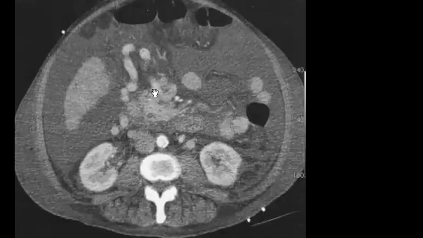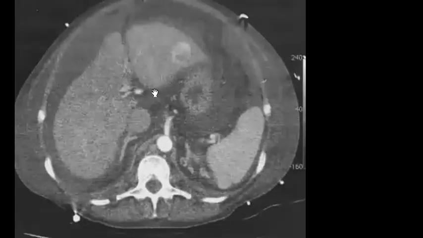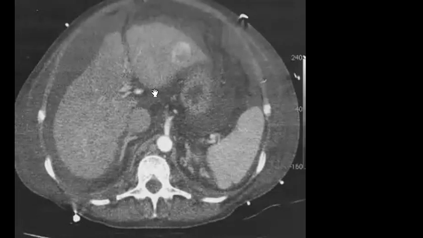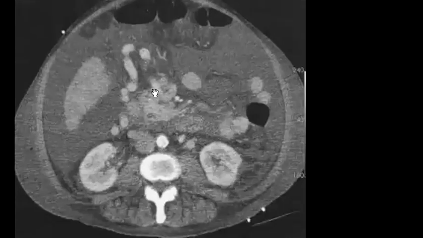It is important to mention the collaterals because after that he will need GI referral and maybe endoscopic sclerotherapy or whatever, and also referral to intervention, either embolization of the HCC if there is no contraindication, and regarding the portal hypertension, TIPS, so referral to the hepatobiliary MDT.